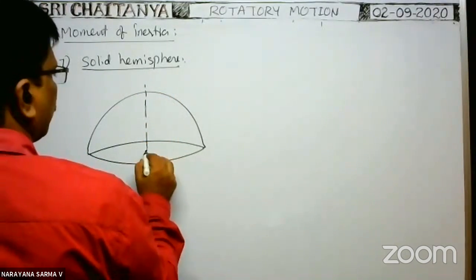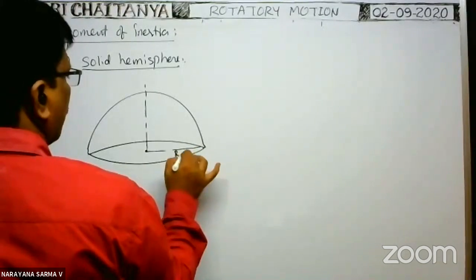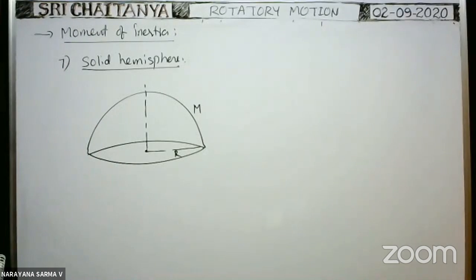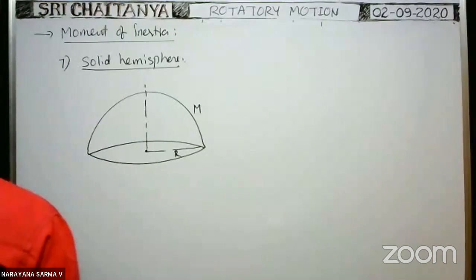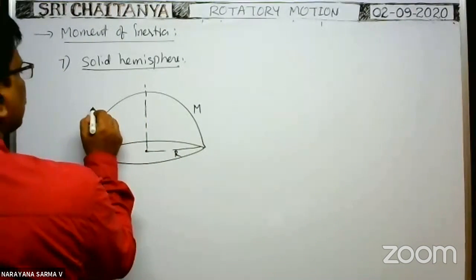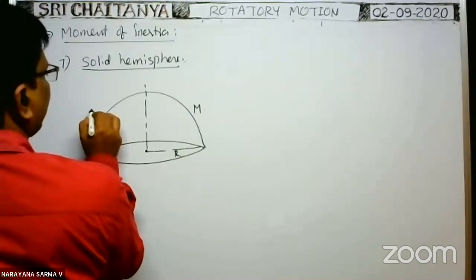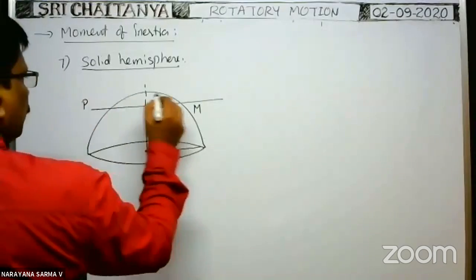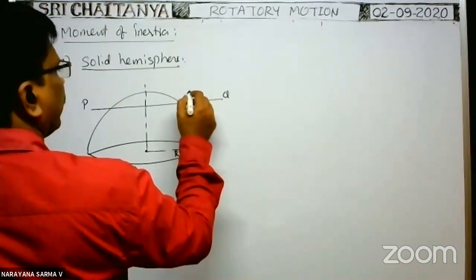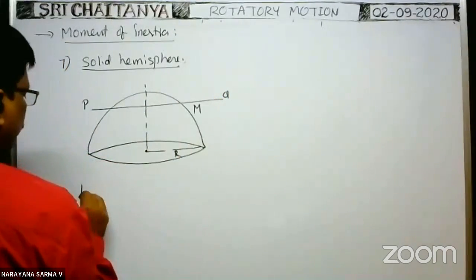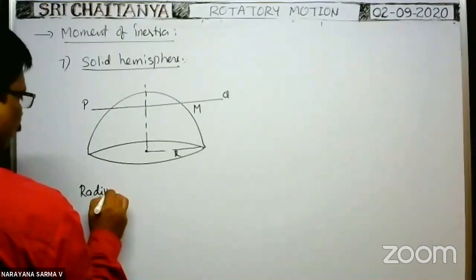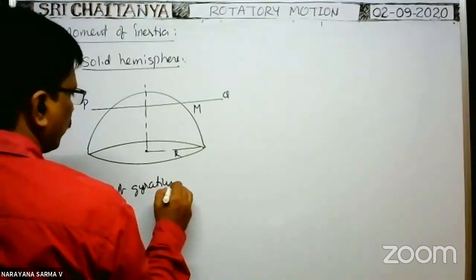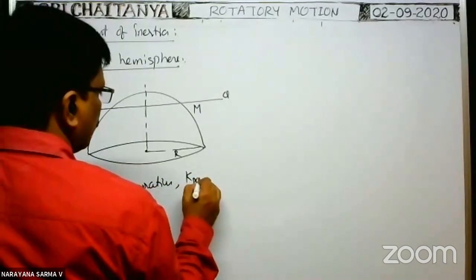The radius is capital R. The mass of the solid hemisphere is capital M. Then they asked, what is the radius of gyration about this line, PQ? The radius of gyration K about PQ is equal to question mark.